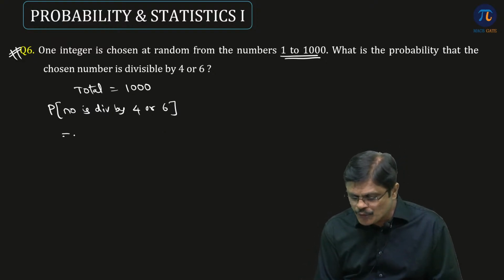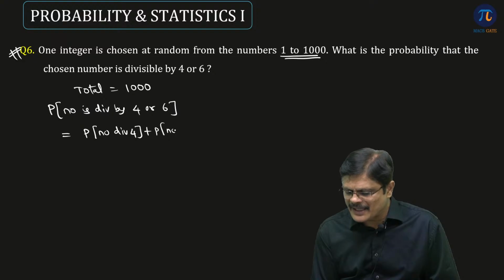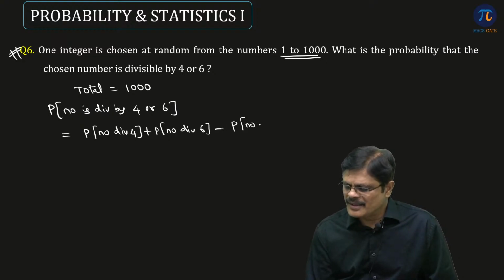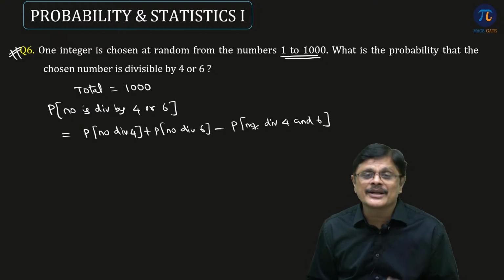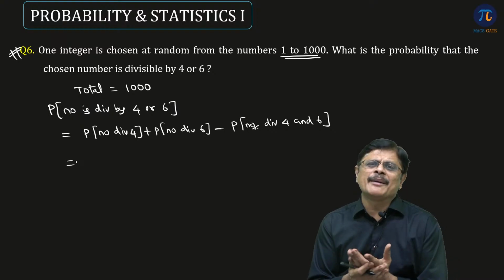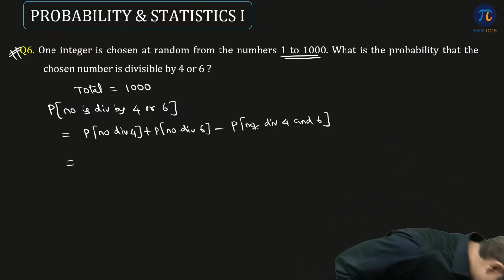So here we need to go for the number divisible by 4 plus the number divisible by 6 minus the number divisible by both 4 and 6. This is very, very important. Now, how many numbers are divisible by 4, sir?